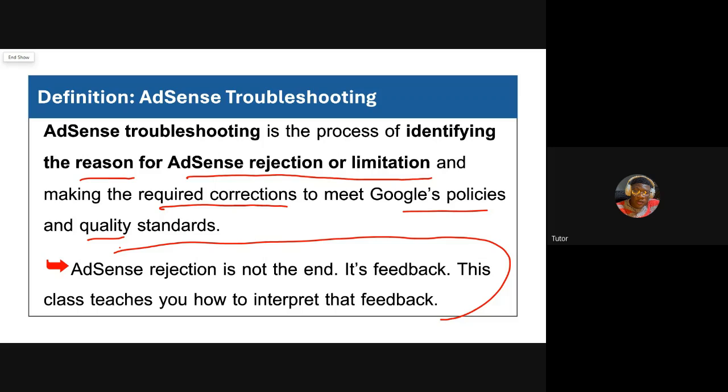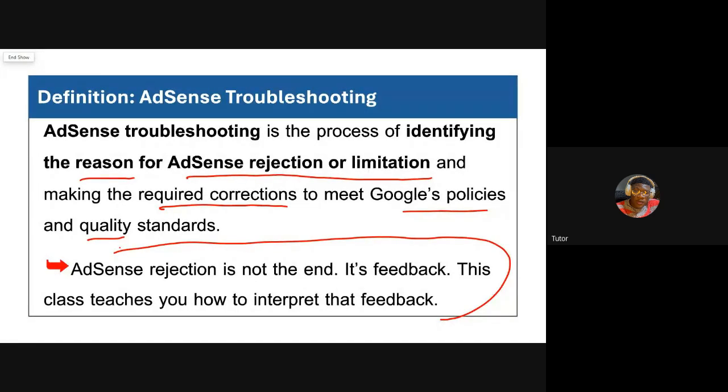So when AdSense disapproves your website, it is not a failure, and you should not give up. It is just feedback. I've always told you since this class started that Google needs you more than you need them. They just can't choose, because they need you and don't want to spoil their own brand.